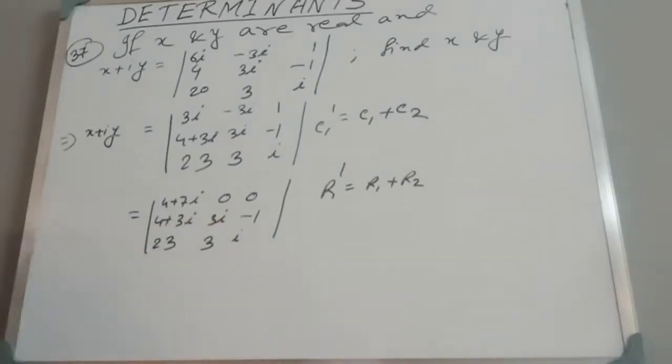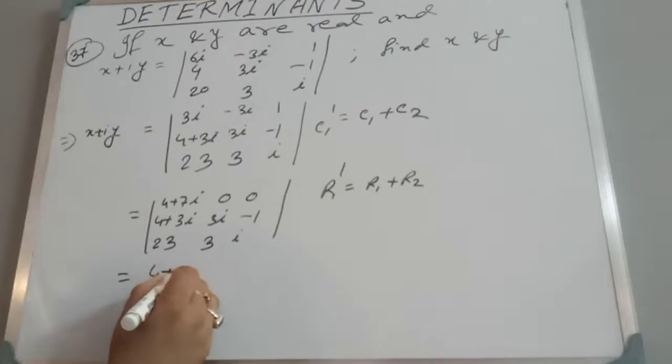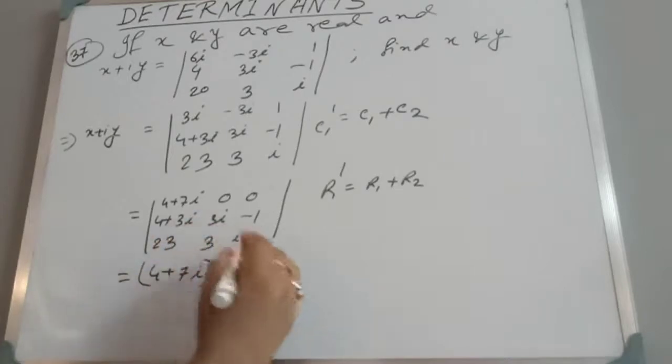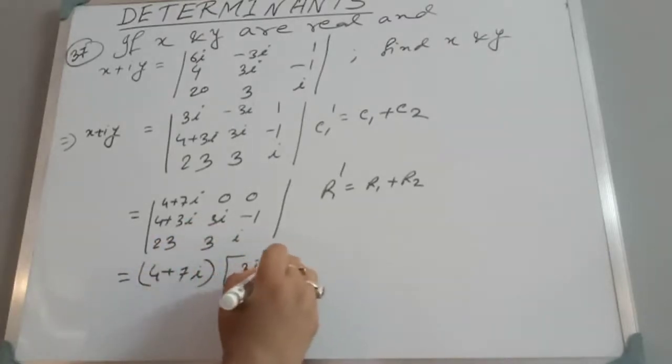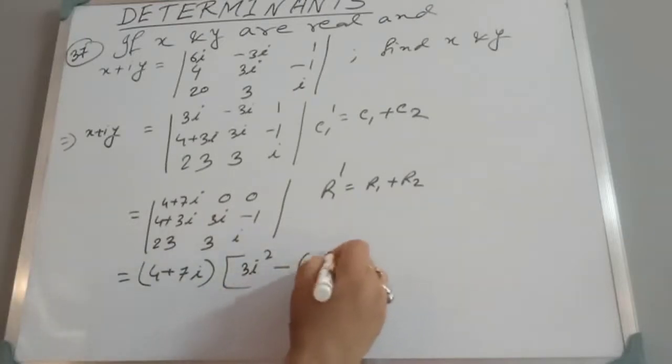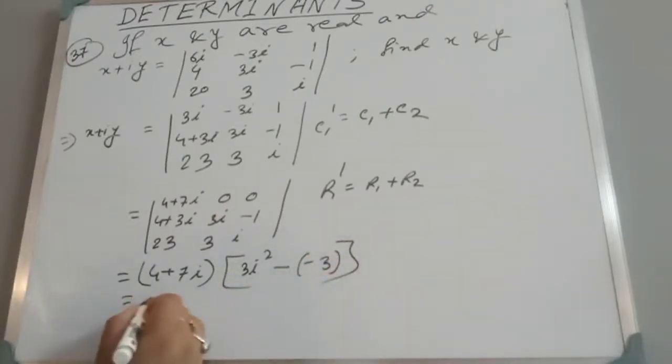Now again we will expand this with respect to the first row. Then what we will get? 4 plus 7i into (3i into i, that is 3i square, minus 3 into minus 1, that is minus 3). So it is coming minus of minus 3. 4 plus 7i, 3i square means minus 3.